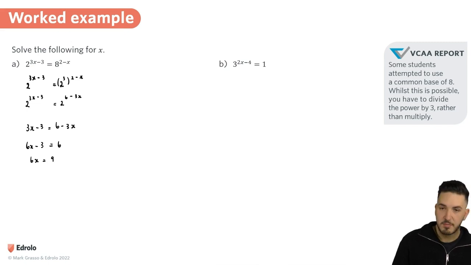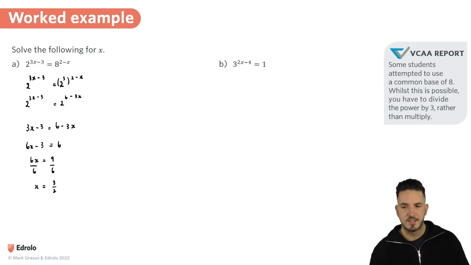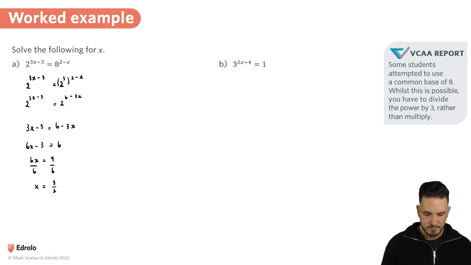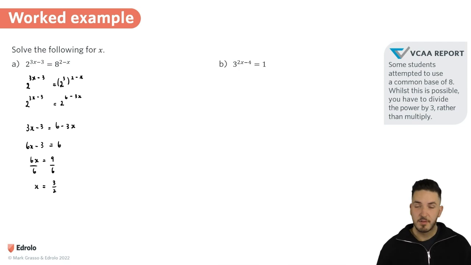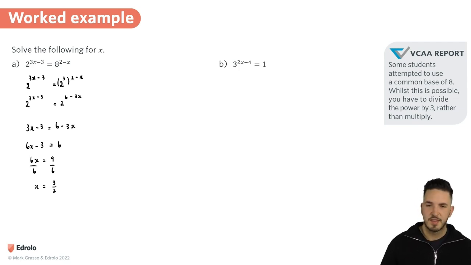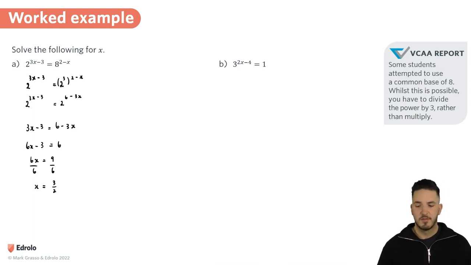Finally, dividing both sides by 6, x equals 3 over 2, because the common factor between 9 and 6 is 3. 3 goes into 9 three times, and 3 goes into 6 twice. So we're left with x equals 3 over 2.